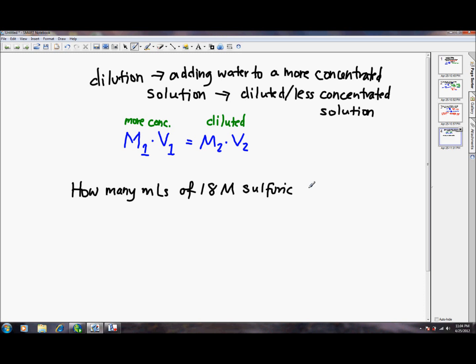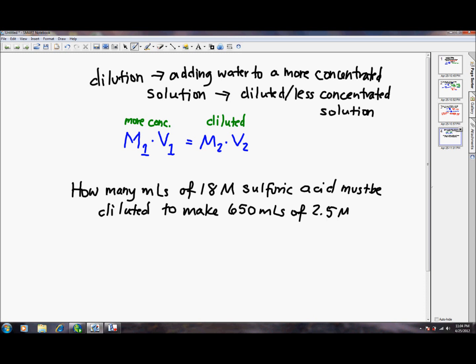The nice thing about these problems, there's no molar masses. Okay, so this is what the problems typically look like.